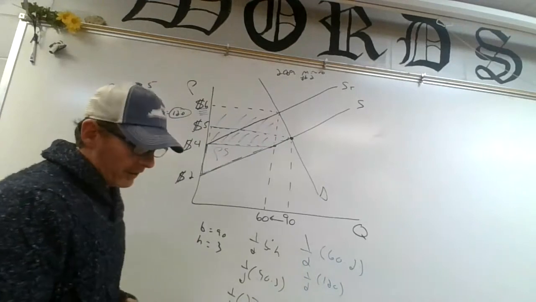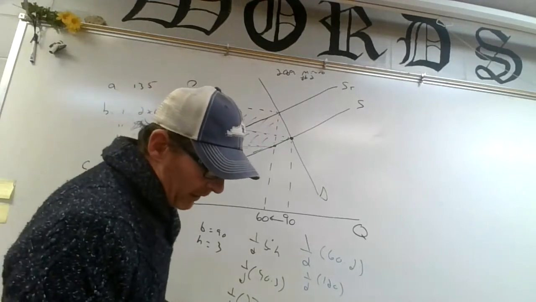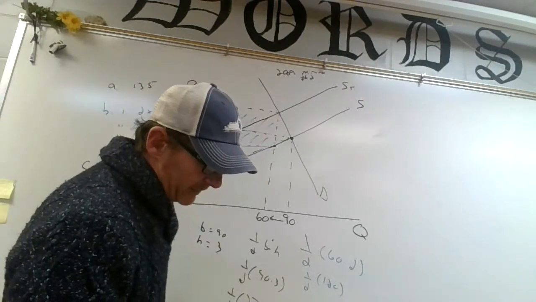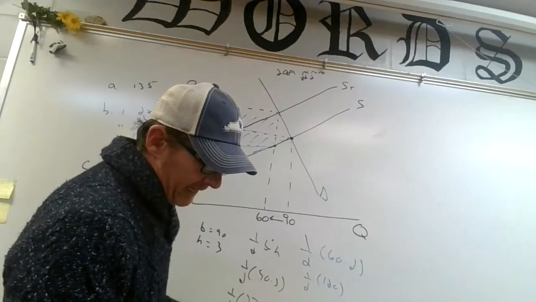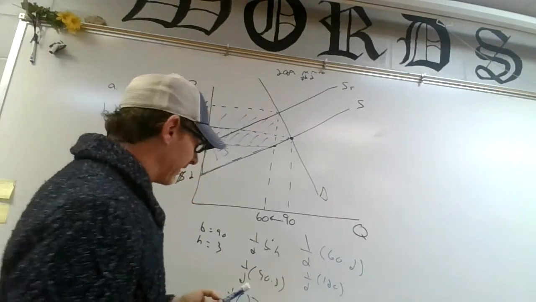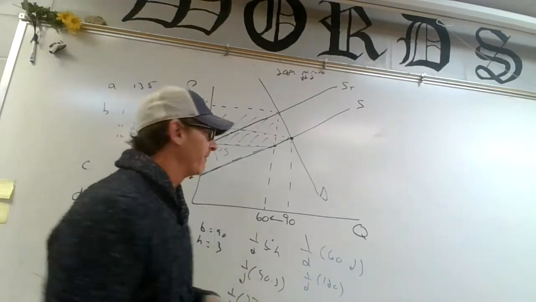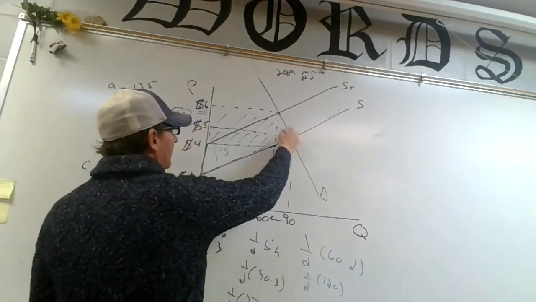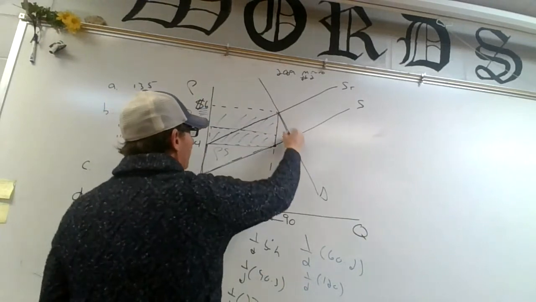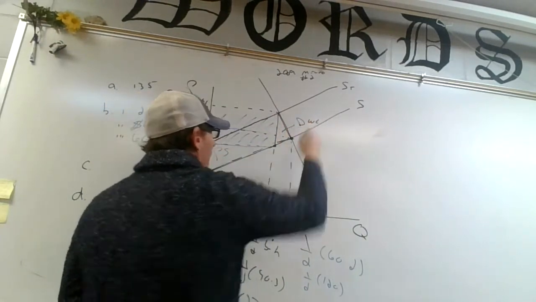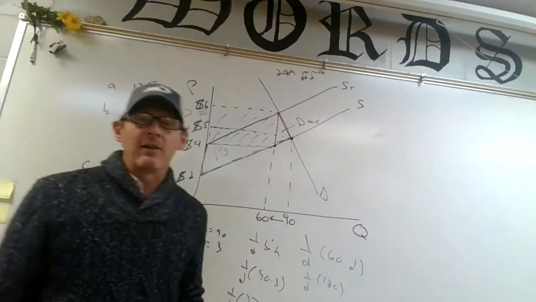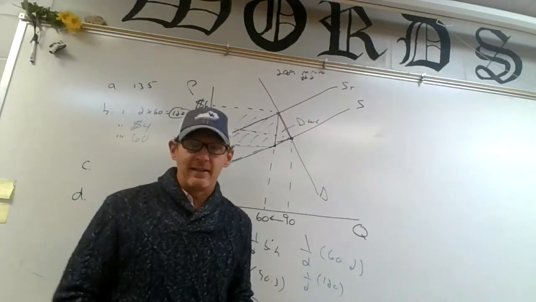And then letter D: assuming no externalities, does this tax affect allocative efficiency? Yes, it definitely does, because taxes make it less efficient. Here is where it should be, and here is where it is. This area right here is the deadweight loss, and if there is deadweight loss, it makes the market less allocatively efficient.